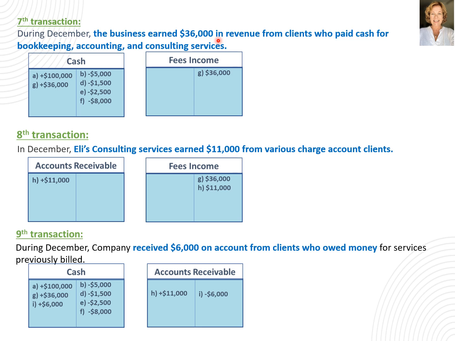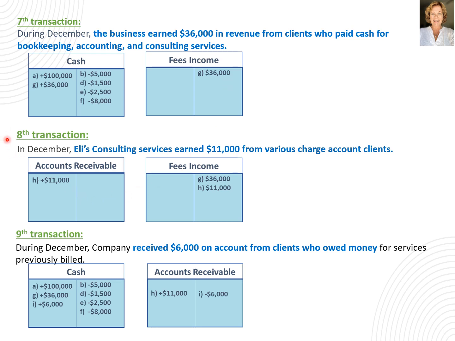Assets increase with debits, and therefore we're going to debit cash for $36,000. Our revenue increased as well. Here specifically, we're using the account fees income. Fees income is part of owner's equity, and owner's equity increases with credits. Therefore, fees income increases with a credit of $36,000.